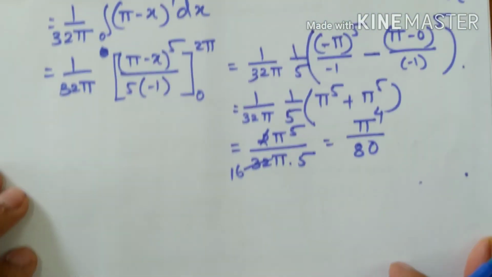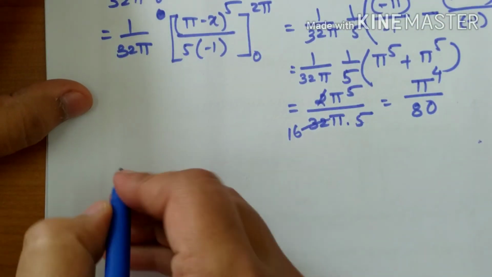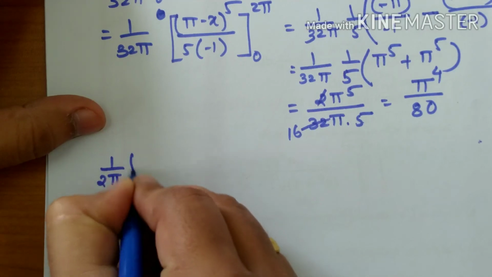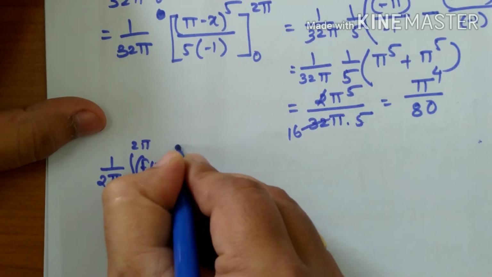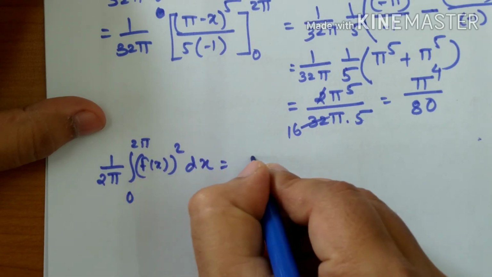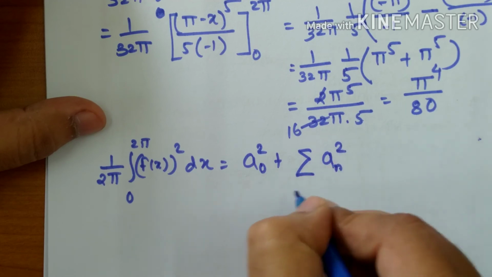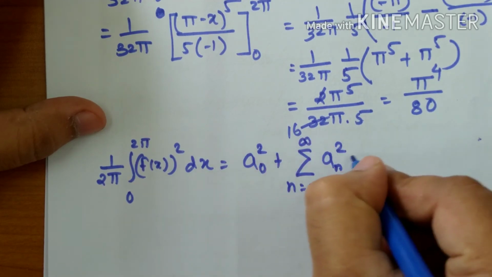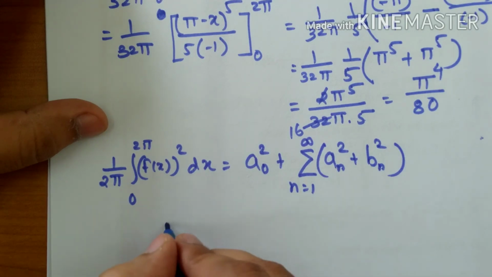Now we substitute this value in Parseval's identity. Left hand side: 1 upon 2 pi integration from 0 to 2 pi f of x square dx is equal to a naught square plus summation an square, n runs from 1 to infinity, plus bn square. Left hand side value is pi raised to 4 by 80.